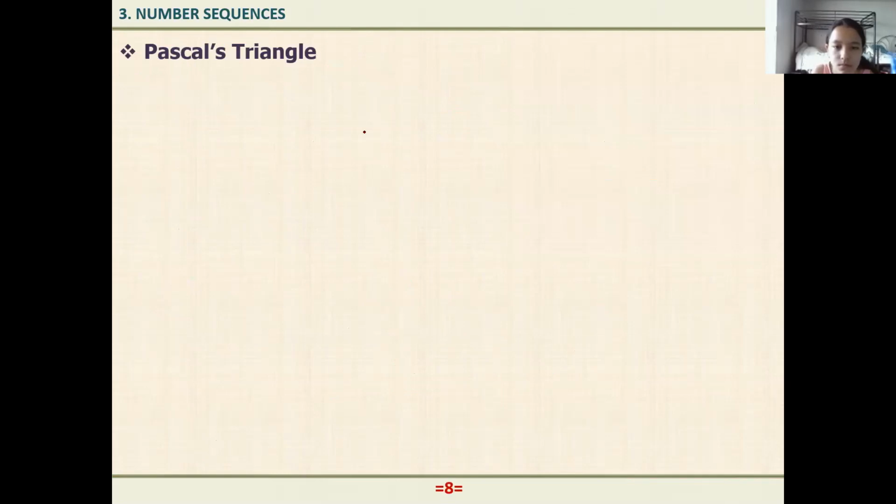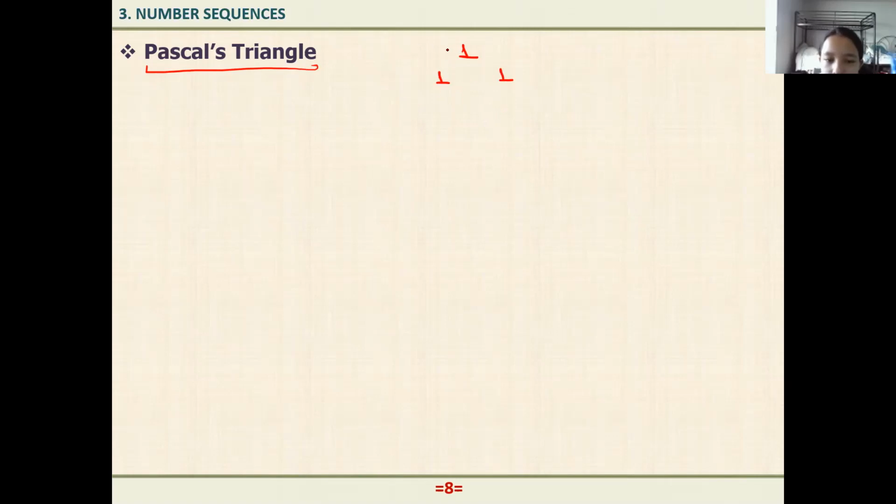And one more thing, just to give you some idea, I'm going to write this. We have another beautiful sequence, a collection of numbers that have a very beautiful pattern. That is called Pascal's triangle. What is it? This Pascal's triangle, we start with 1, like the Fibonacci sequence. And after that, again, I just write here 1, and here we have 1.